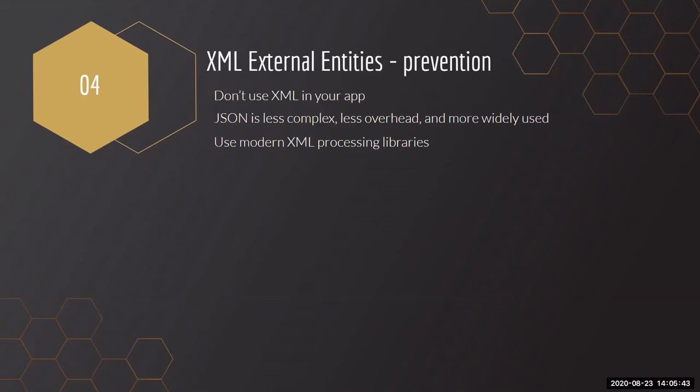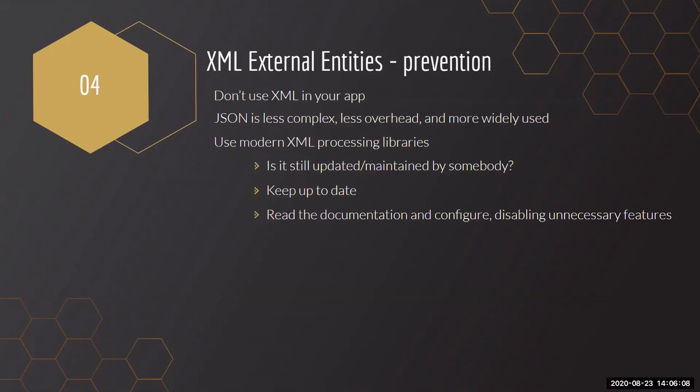If it's not, you probably want to switch to another library because it's probably not safe. So use one that's tried and true. As I said, is it still maintained? And definitely keep it up to date. If there's a new release of your XML processing library and you have access to your web server to update it, then update it.